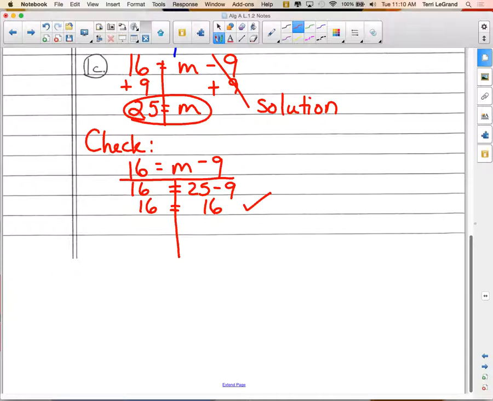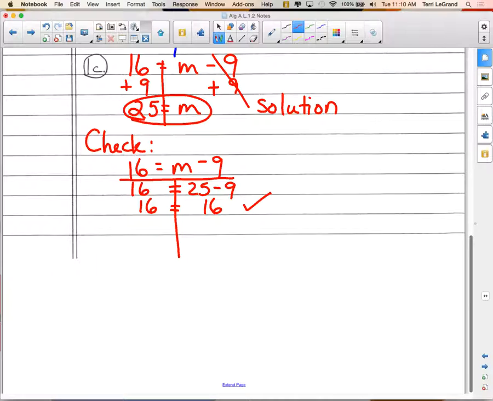If you only do the solving, you've only done half. Always circle your solution box. It's something to make it stand out, like, this is my answer. And then the checking is just an extra part of saying how I'm checking to see if my answer makes it work, makes it true.